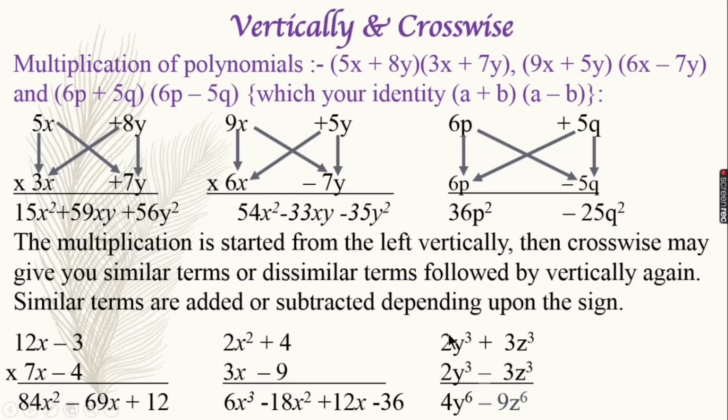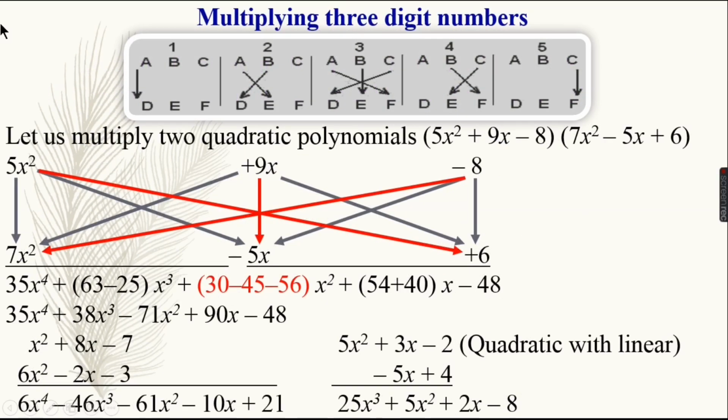And then if we cross multiply this, so it is minus 6 y cube z cube and plus 6 y cube z cube. So they get us a 0 here, and then plus minus minus, and 3 into 3 is 9, and z cube into z cube is z6. So that's your answer.